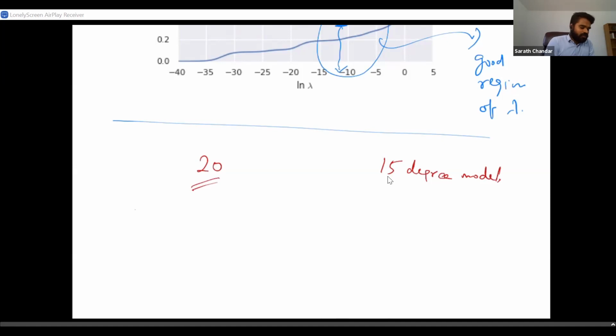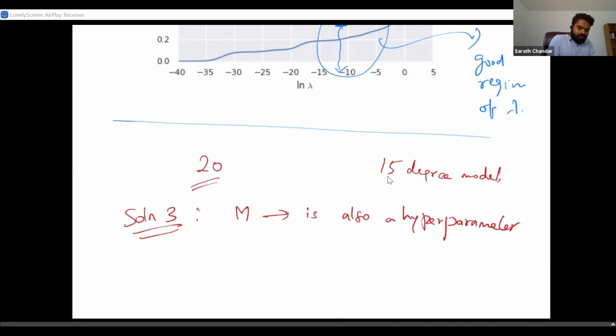That brings us to the third solution, which is based on the fact that m, the degree of the polynomial, is also a hyperparameter. Now that we have a separate validation set, you can try different values of m, like degree 5, degree 10, degree 15, and look at the validation performance.